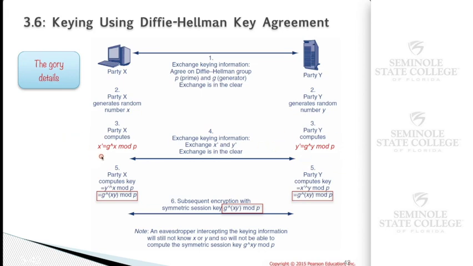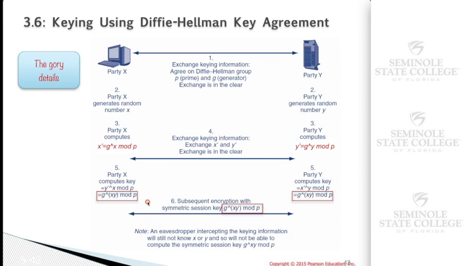And the way they do that is G raised to the power of x mod p. Remember, for party X, G was already sent over, x is their secret number, and mod is a modulus operation. So G raised to the power x mod p is calculated on this side, and y prime, which is G raised to the power y mod p, is calculated on the Google side.